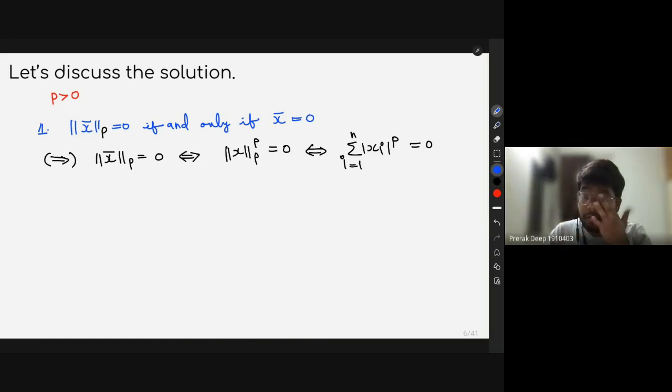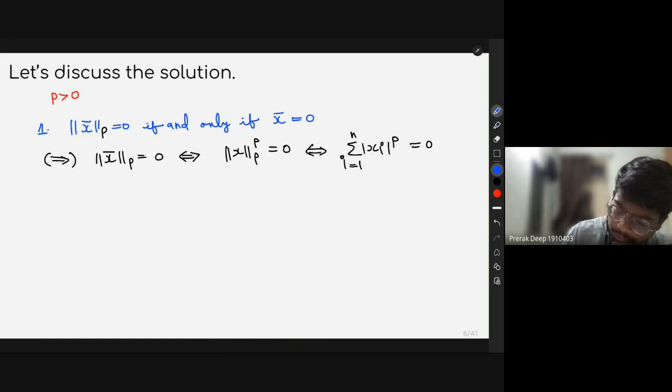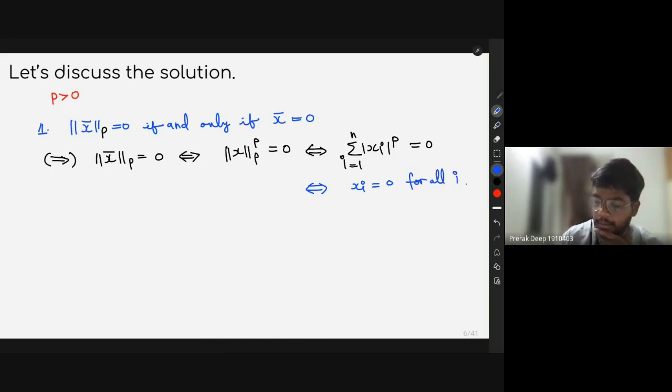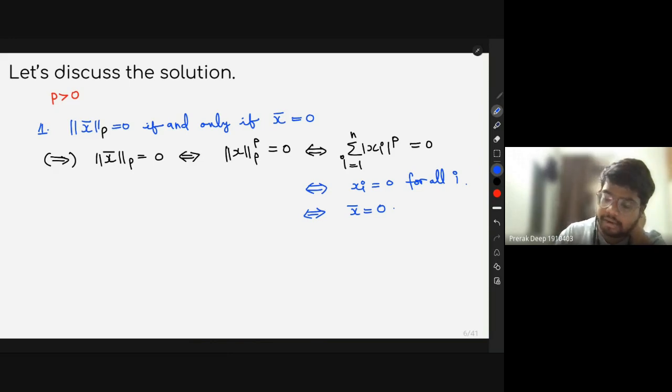They can only be equal to 0 if and only if each xi is equal to 0 for all i. Okay. So in other words, when all of the xi's are 0, it is equal to saying that the x vector is equal to the 0 vector. So this is an equivalent statement.